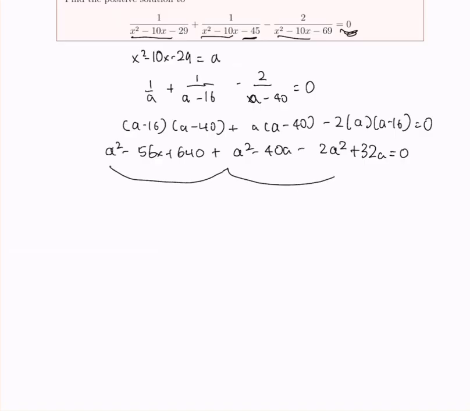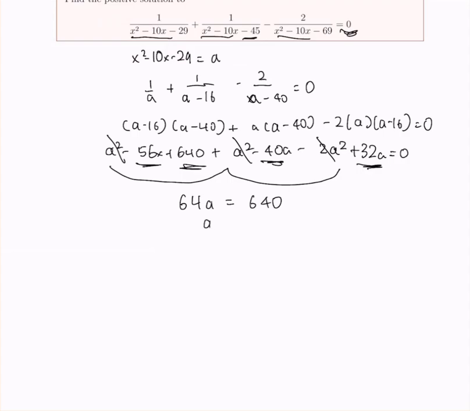So we have a squared plus a squared minus 2a squared, so we can kill all of those since they just cancel each other. And this will leave us with negative 40a, 32a, and negative 56a, which become negative 64a. And if we move that to the other side, we have 64a is equal to 640, because that's the only constant term here.